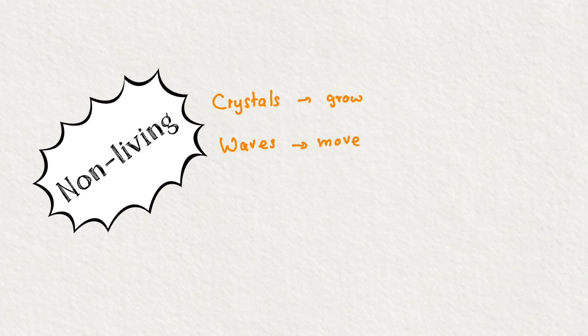But there is a difference. These non-living objects show these one or two characteristics, but only living organisms can display all these characteristics at some point during their life cycle. Non-living objects may show one or two of these things, but not all.